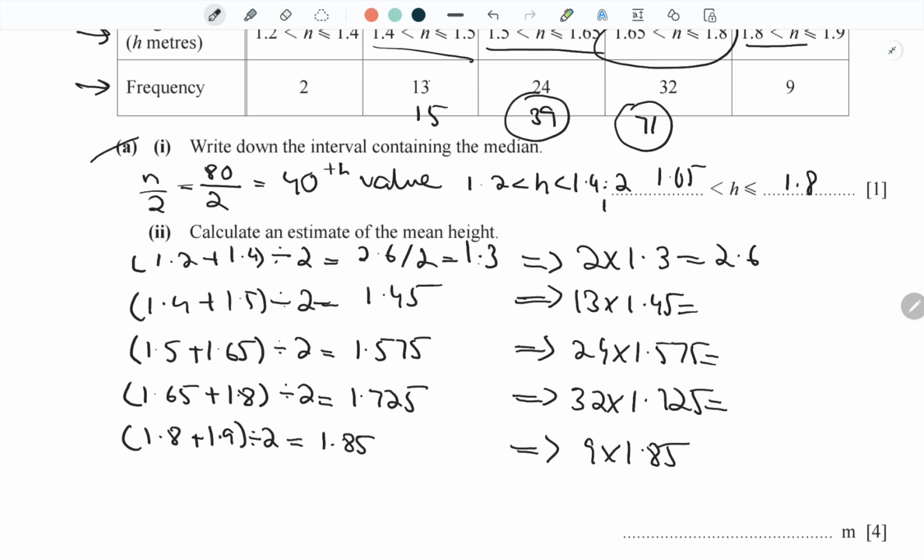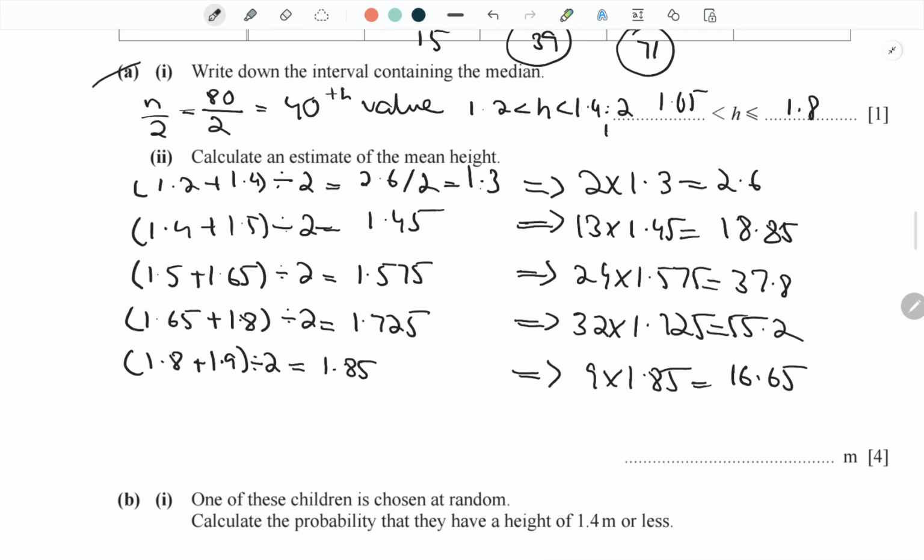So I will calculate them. 13 times 1.45 becomes 18.85. Now 24 times 1.575 equals 37.8. 32 times 1.725 equals 55.2, and 9 times 1.85 equals 16.65.